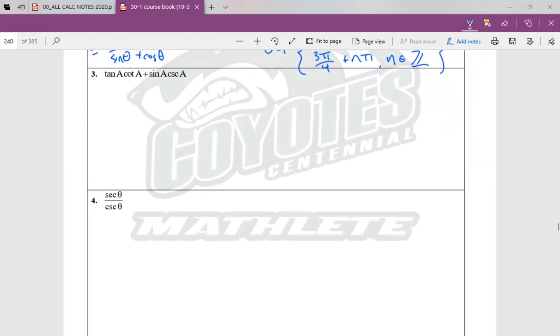Tan A cotangent A plus sine A cosecant A. So we're going to turn all of these into just sine and cos.